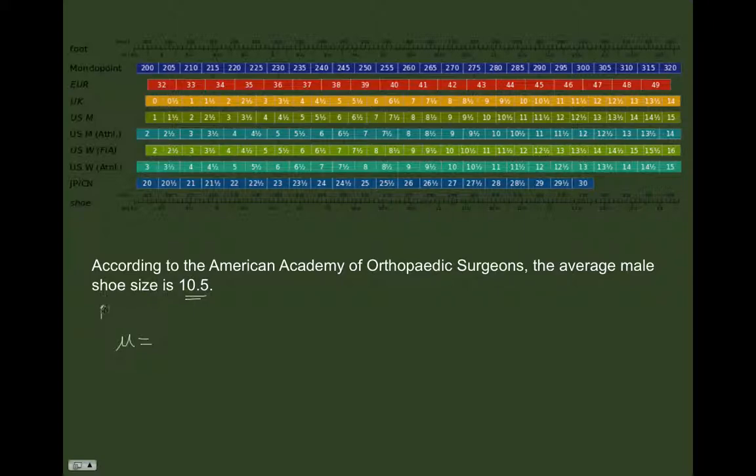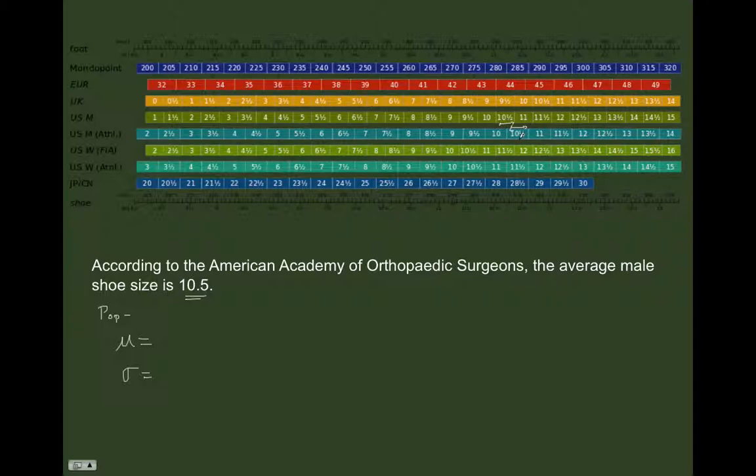And remember, when we're describing a population numerically, I need two measures. I need the mean and I need the standard deviation. First of all, I'm going to talk about the mean here. And then the other issue we have to deal with is that shoe sizes are not uniform. They actually span intervals.